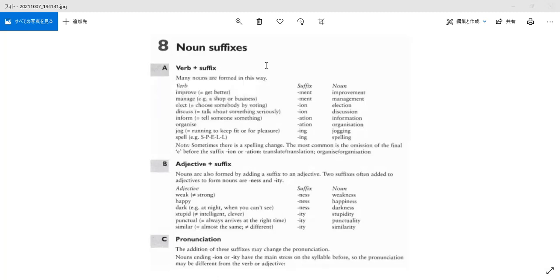And then as you can see, there's also ing, right? In here, spelling, it becomes a noun instead of it being a verb.